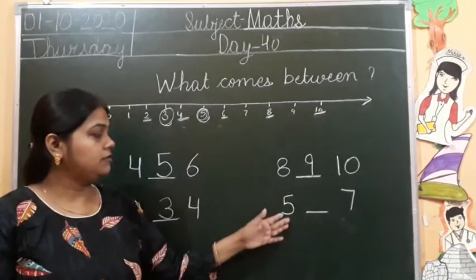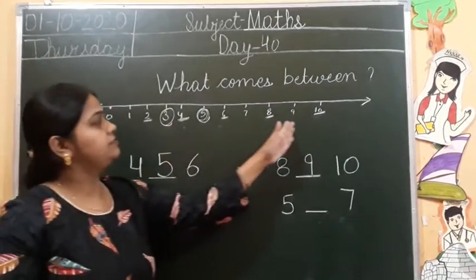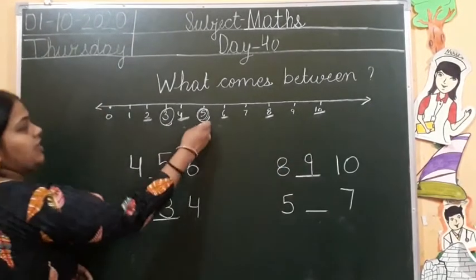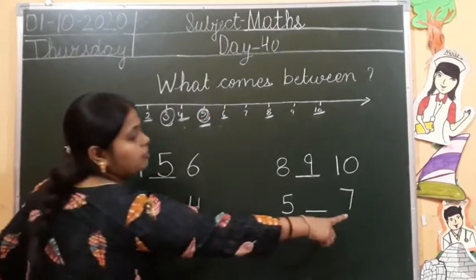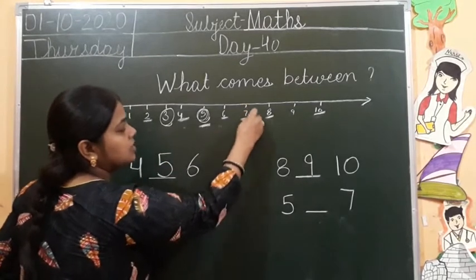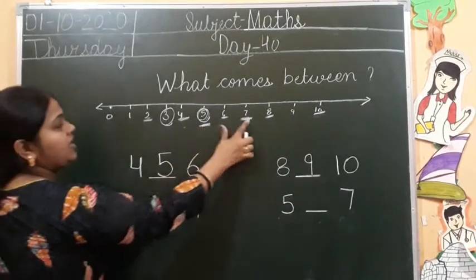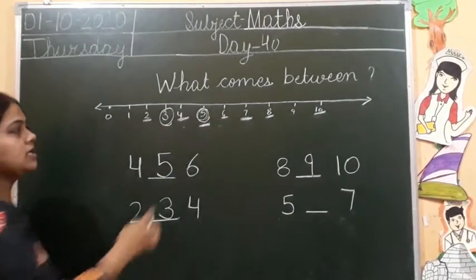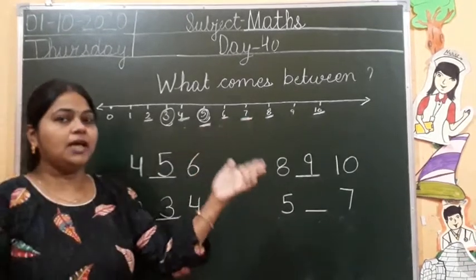Okay. Now look this. This is number 5. Find out where is 5. This is 5. Put a mark. Find out where is 7. This is 7. Now between 5 and 7. Which number comes between 5 and 7? 5 और 7 के बीच में क्या आता है?